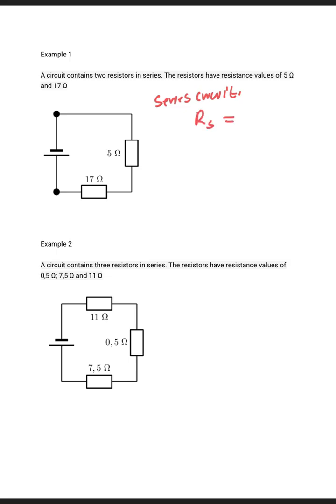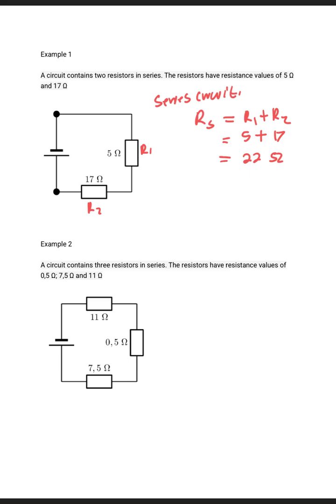How many resistors do we have here? We have R1 and R2. So I'm going to say R1 plus R2, and then we have 5 plus 17. And 5 plus 17 is how much? It is 22. So we have 22 ohms.